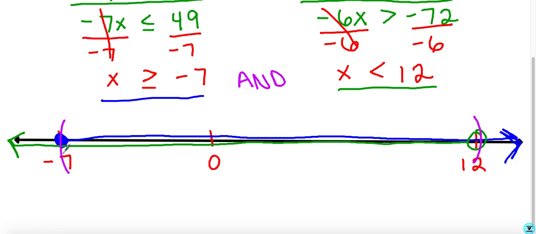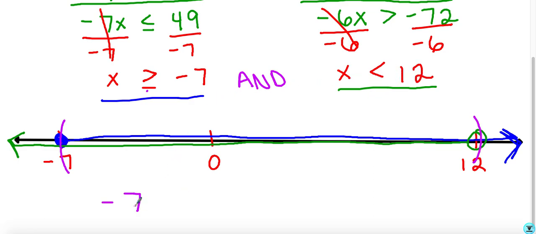In both cases, negative 7 is included, and 12 is not included. So here, negative 7 is the smallest number that can go into our inequalities and make it true. So negative 7 is greater than or equal to negative 7, and negative 7 is less than 12.